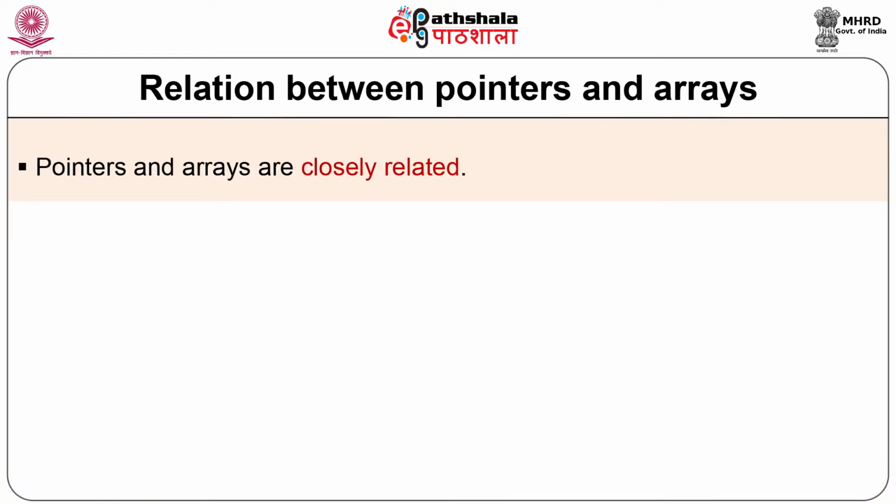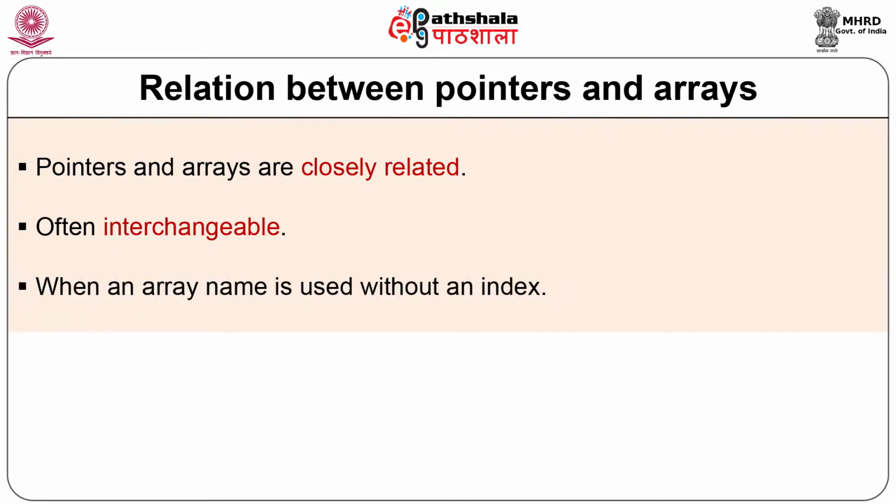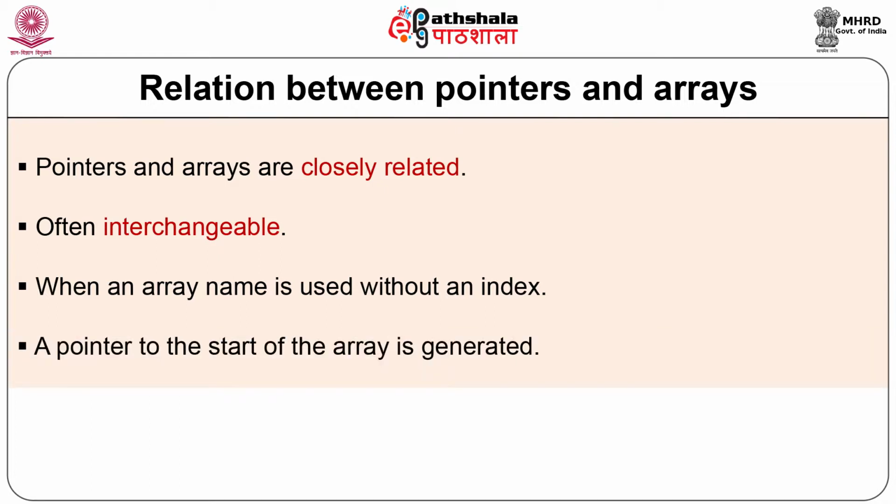In C language, pointers and arrays are closely related and often interchangeable. It means an array can be written in terms of pointers and pointers can be written in terms of arrays. When an array name is used without an index, a pointer to the start of the array is generated.